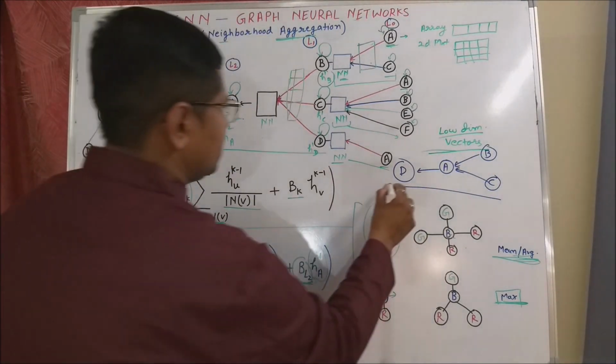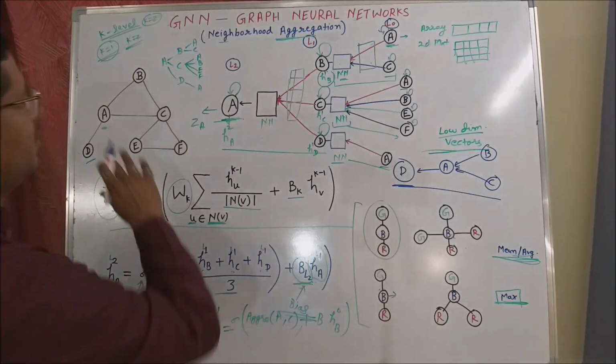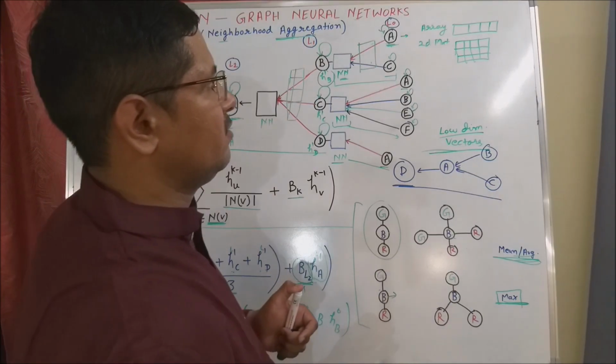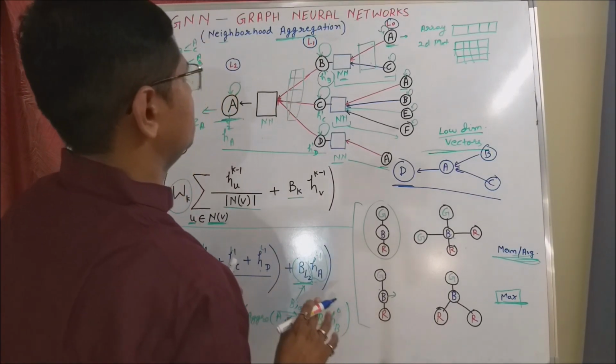Now, what is the use of such graph neural networks? Where can we apply such graph neural network architectures?